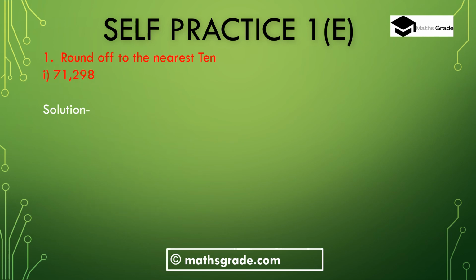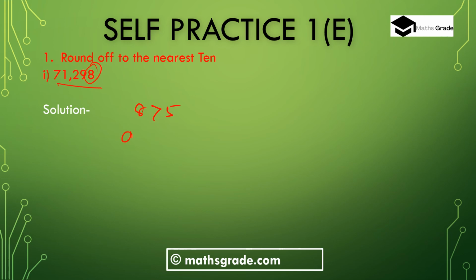Now I bit, 71,298 rounded off to the nearest 10. When we round off a number to the nearest 10, first look at the unit place digit. Here the unit place digit is 8. 8 is more than 5. So just add 1 to the tens place digit.